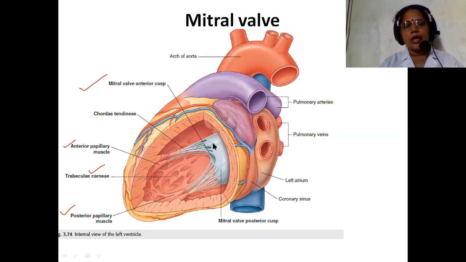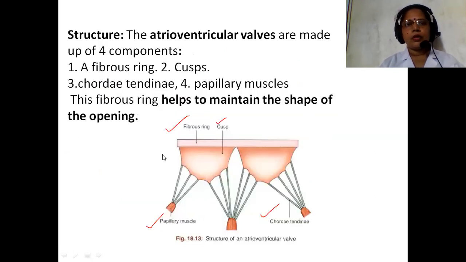This cusp is attached to the papillary muscles, and the papillary muscles are joined by the chordae tendineae, a hair-like structure. So in every valve, basically the cusp structure is present, chordae tendineae is present, and papillary muscle is present.